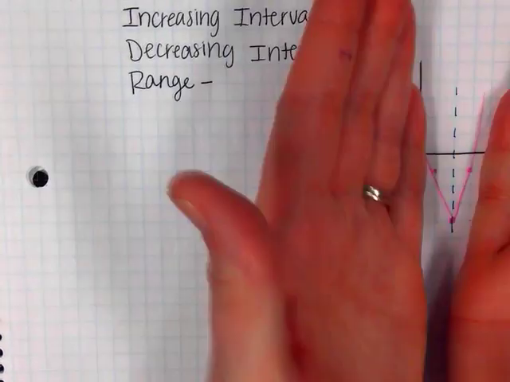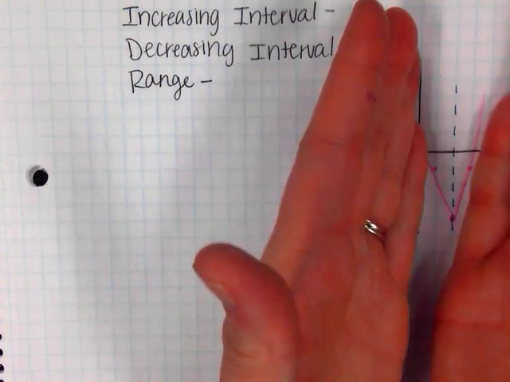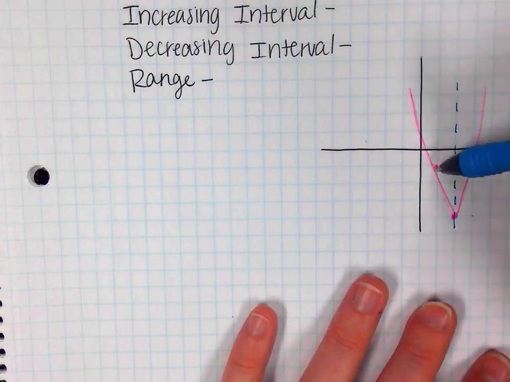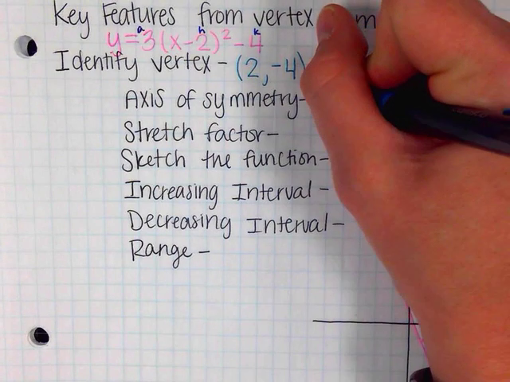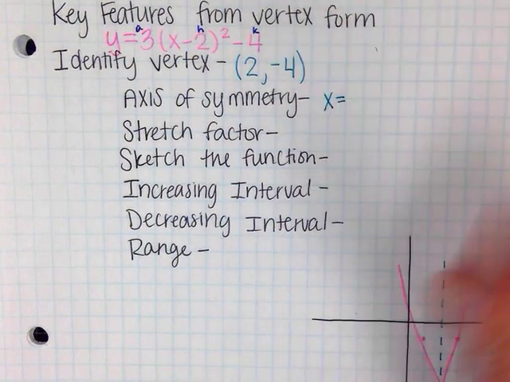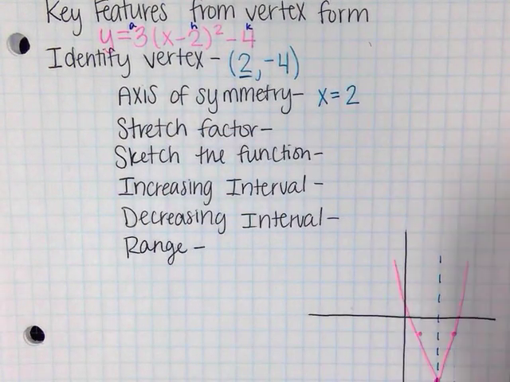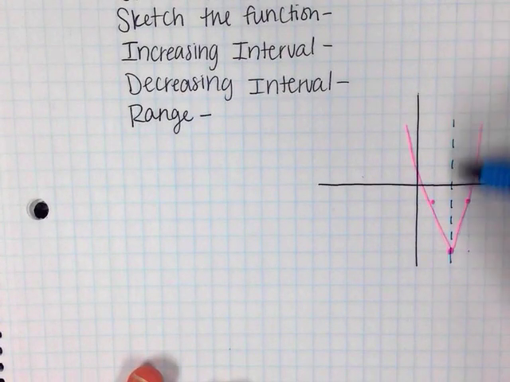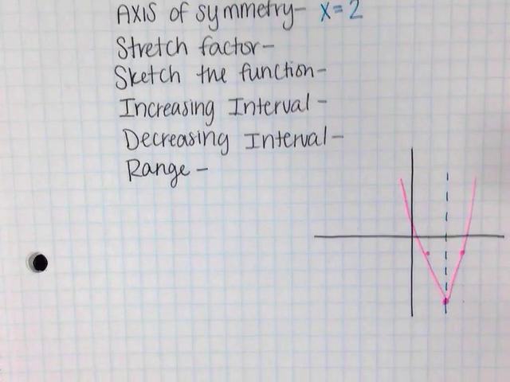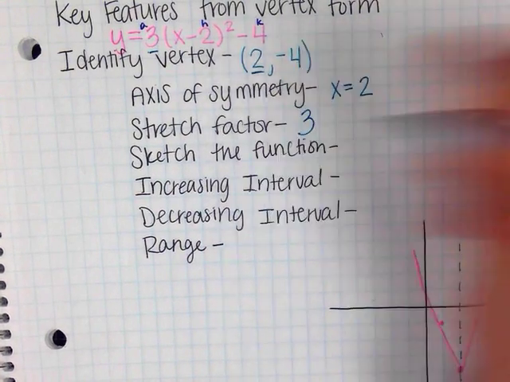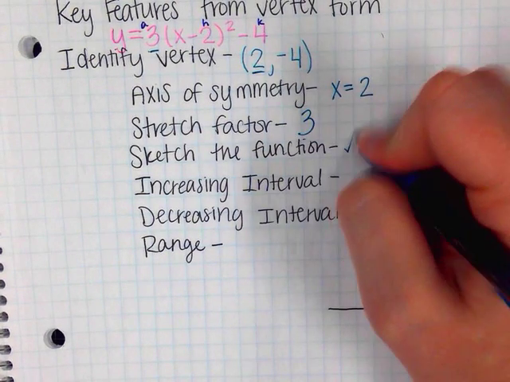If I folded it, well, if I would have drawn it better, these points would match up because it's a mirror image. So the axis of symmetry is at x equals positive 2. So it's just the x value of your vertex. Okay, the stretch factor is just the a value, so 3. We've already sketched the function.